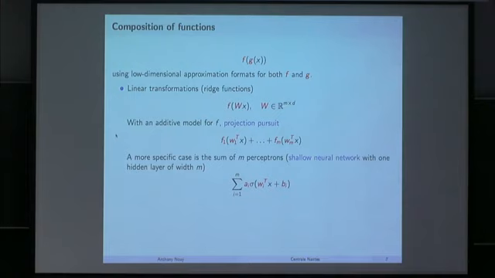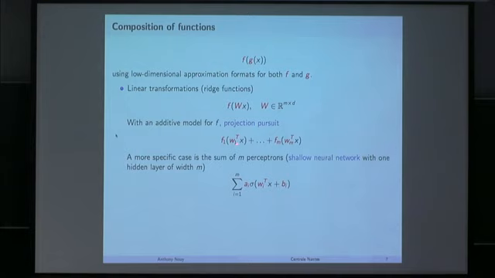Okay, so a typical example is when, for the f, you use an additive model. If you do this, you have what is known as a projection pursuit model, which is a sum of univariate functions, but these variables are linear transformations of the initial variables.